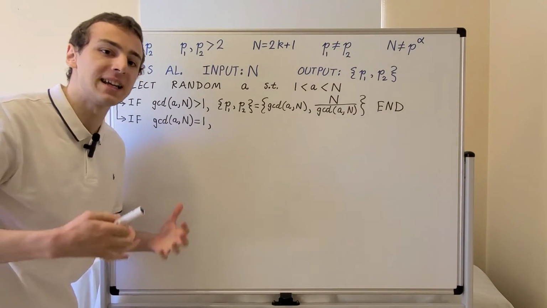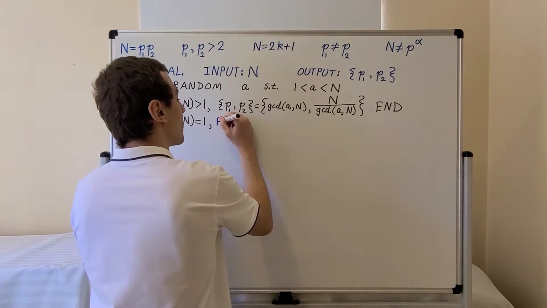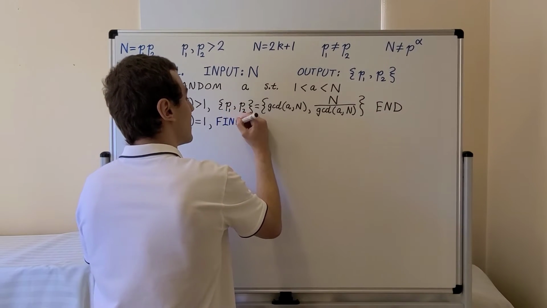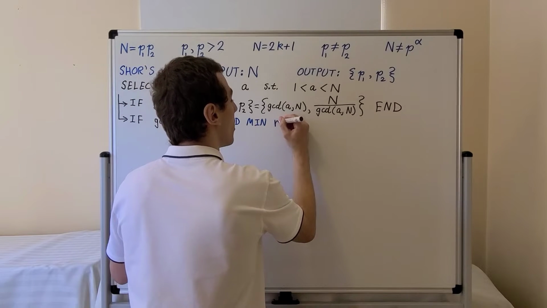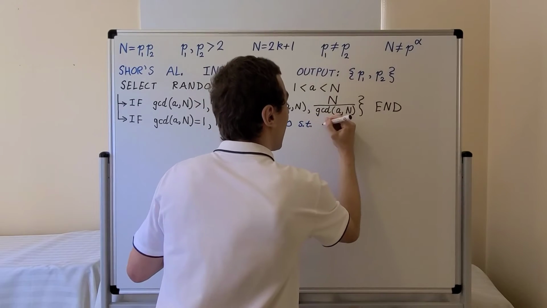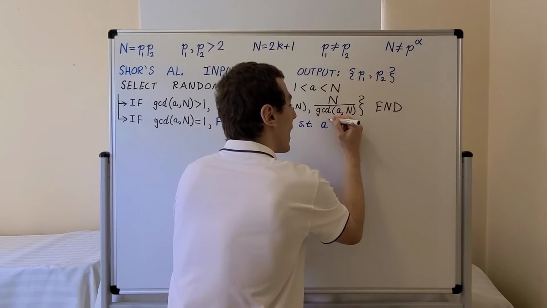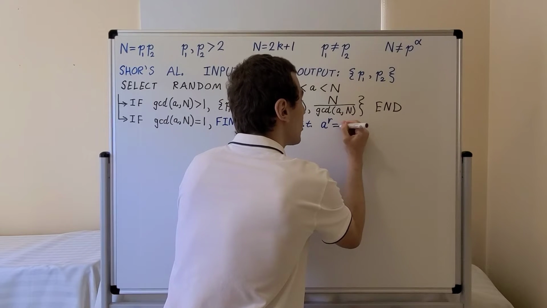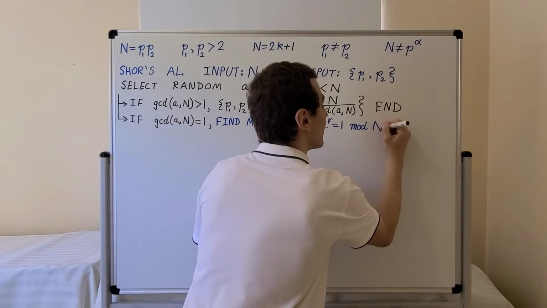So what does order finding mean? Well, I'll write this out explicitly. We need to find the minimum positive integer r such that a, that's our randomly selected value, a to the power of r is equal to 1 mod n.